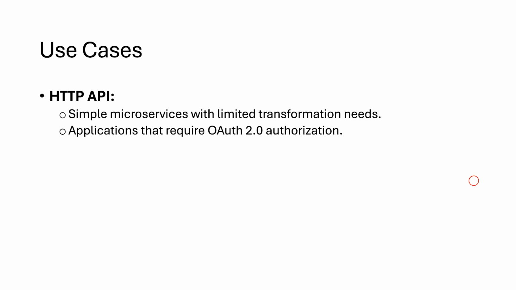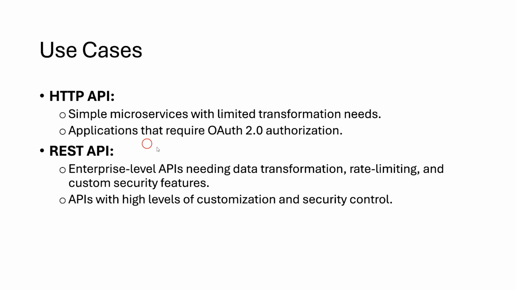And when it comes to use cases, as we discussed, HTTP API is used for simple microservices where you require very limited transformation, and also for applications which require OAuth 2.0. So you can use HTTP API. Okay.